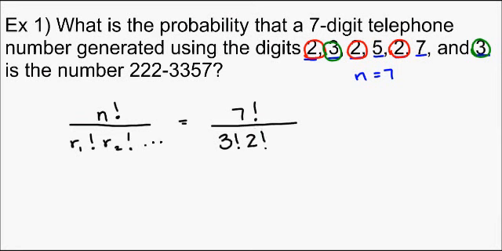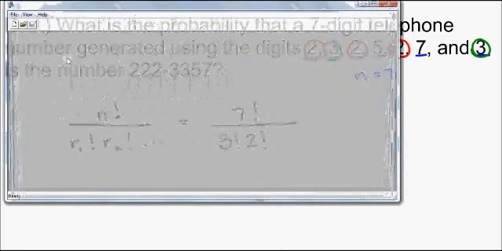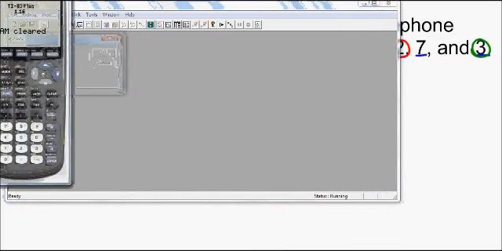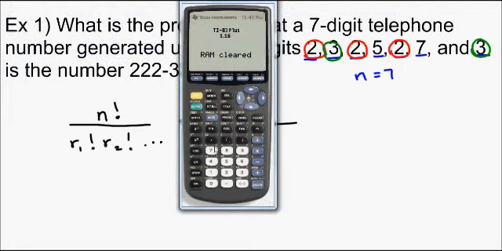At this point, I could do this by hand, and that would work fine. But I'm going to show you how to do factorials in your calculator. I'm typing in my numerator, 7 factorial.